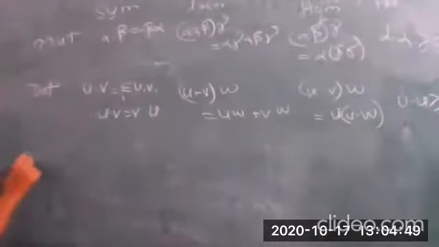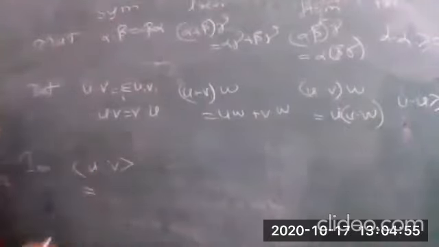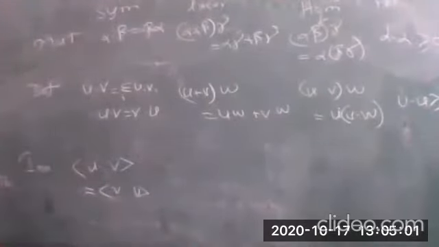Correct? So let me go for the next one, that is the inner product. How have we generalized? Okay. How are you going to write u dot v? The inner product will also obey the law v dot u. In the next chapter of functional analysis, that is in the Hilbert space, you will come to know how the inner product and the norm are related.